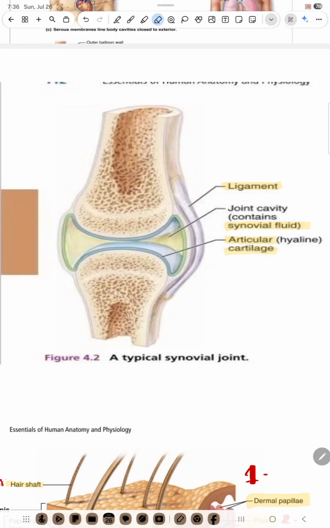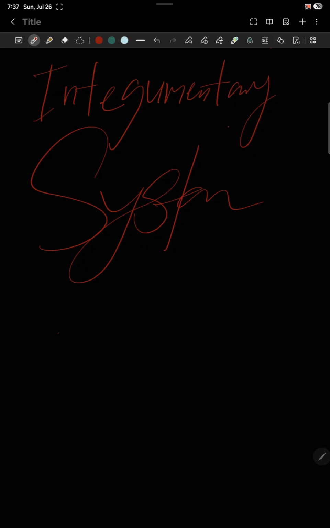The synovial fluid helps us move. Also, when we bump, for example when our bones bump, it helps them bounce back. That is what the fluid is for. Okay? So I will now introduce the integumentary system.